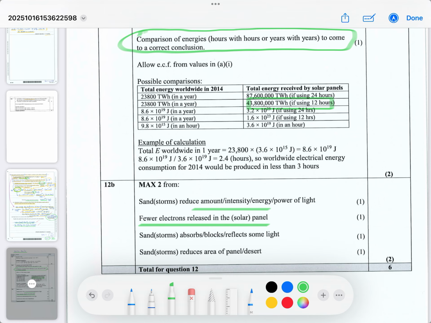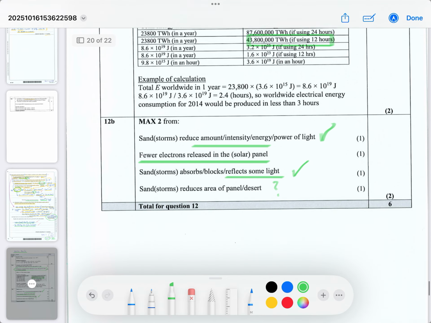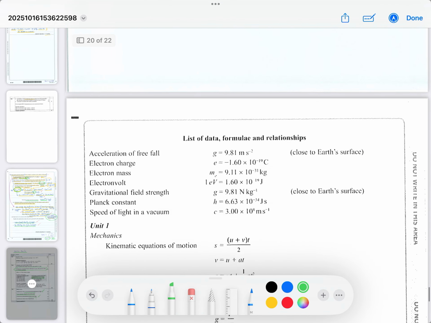They'll be going into the conduction band, and the sandstorm will absorb, block, or reflect some light, which are the points that I would make. I would do this one and this one, okay? And then here it says sandstorm reduces area of the panel or desert. I think that one's a bit dubious. I don't think it does, and if they do, I don't know what exactly they mean. And there is the end of this paper.